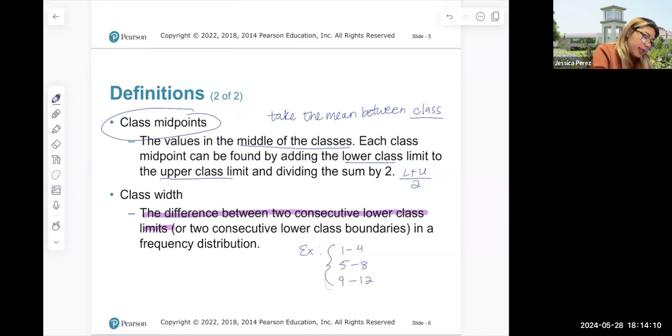So I have class 1, class 2, class 3, so 3 classes. The class width is actually the difference between 5 and 1. So 5 minus 1 is 4. So the distance, the width is 4 because 5 minus 1 is 4, 9 minus 5 is 4.